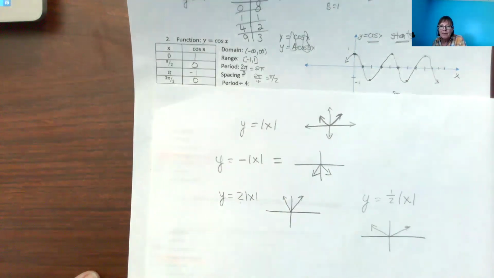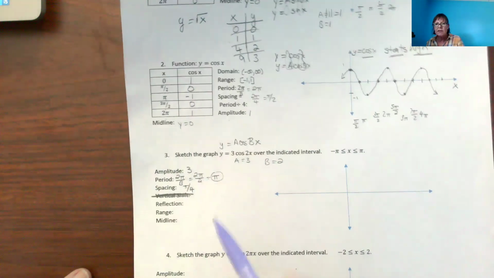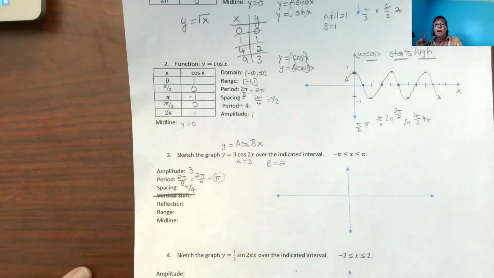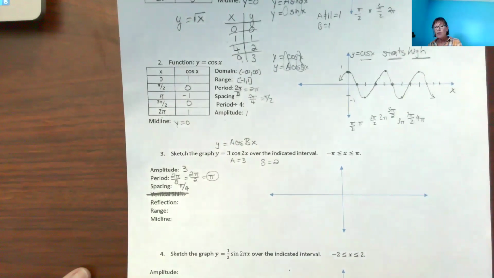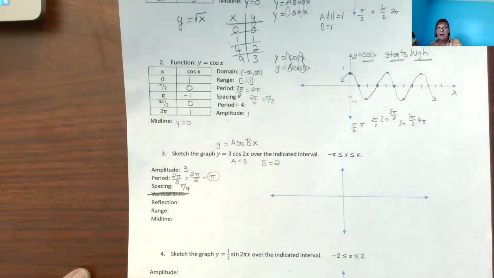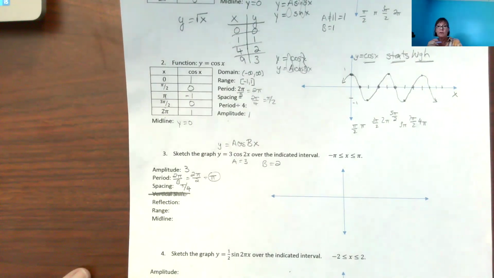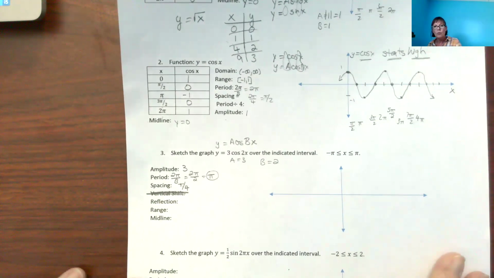So we can see the same thing in our trig graph. When we see this 3, this will affect it. The issue here is that we're hand sketching it, so ours might not look as squatty as it really is. I'll either call up Desmos or my graphing calculator and show you what it looks like.